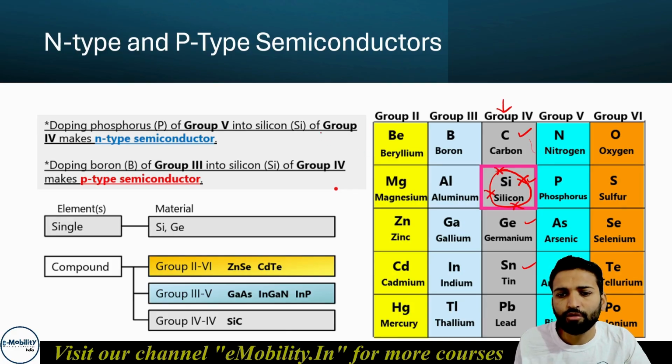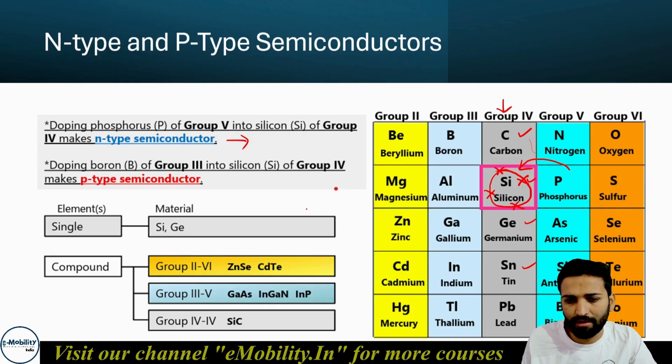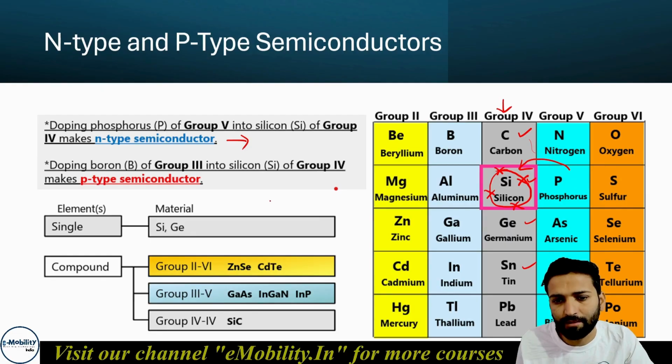Whenever there is a doping of phosphorus, a group 5 element, into the silicon of group 4, the semiconductor becomes n-type. N-type means it now contains more electrons than holes. Let me give you a very easy example.